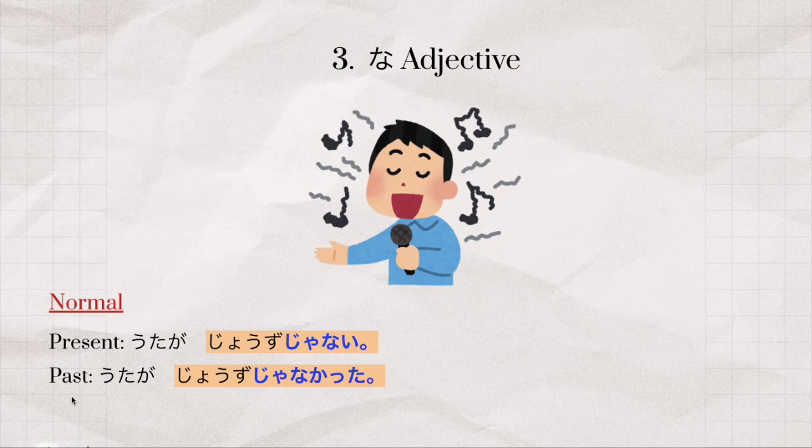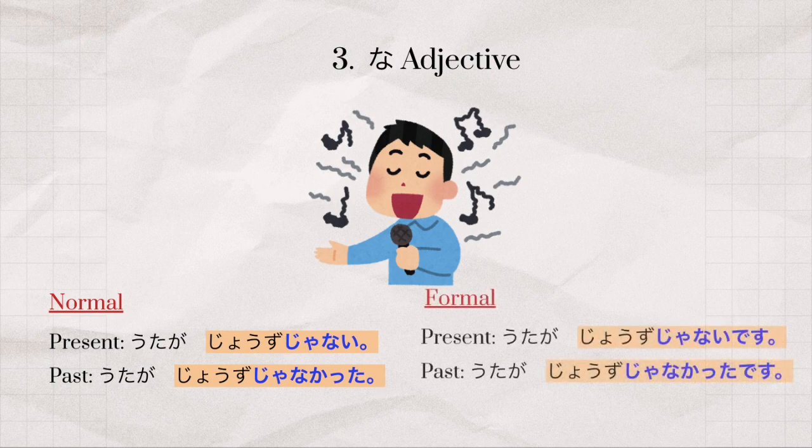Normal past would be 歌が上手じゃなかった. Formal present would be 歌が上手じゃないです. Formal past would be 歌が上手じゃなかったです.